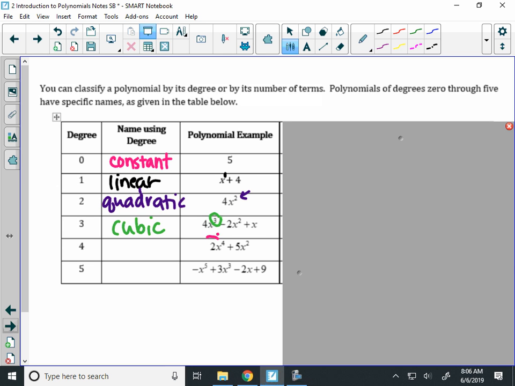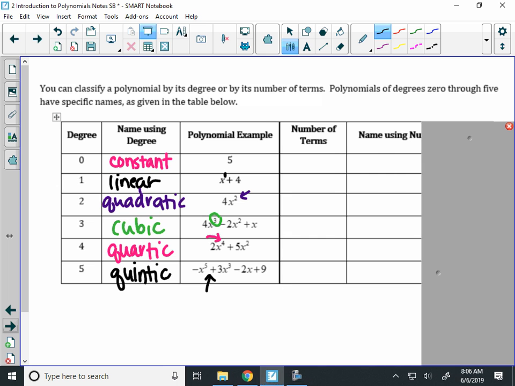Degree 4, highest exponent of 4, is called quartic. And the last one, degree 5, is called quintic, like quintuplets. Those are 6 words you should know. You should be able to classify a polynomial according to its degree.